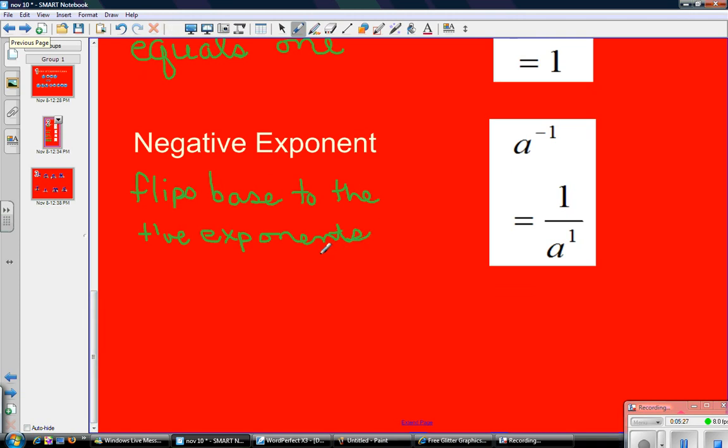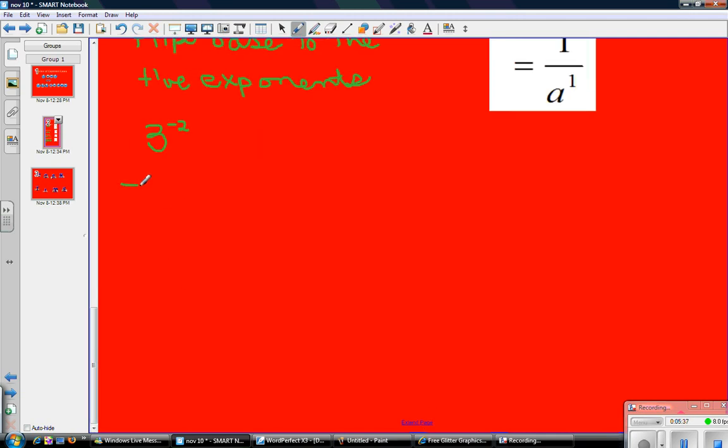So if I have 3 to the negative 2, my base is 3, so if I reciprocate it, that would be 1 over 3, and then it would be to the positive 2. Now we're going to actually finish this question because 3 squared is 9. So actually 3 to the negative 2 equals 1/9.